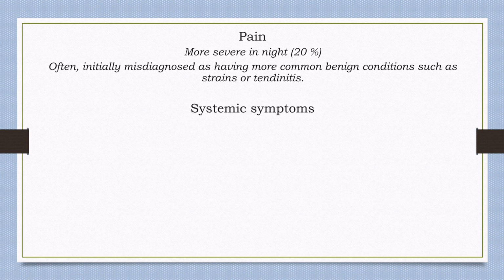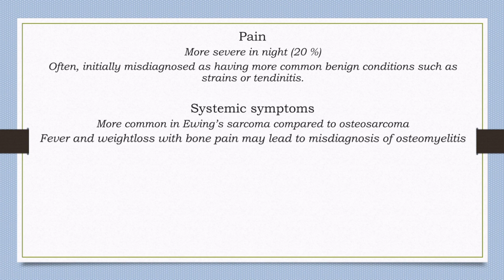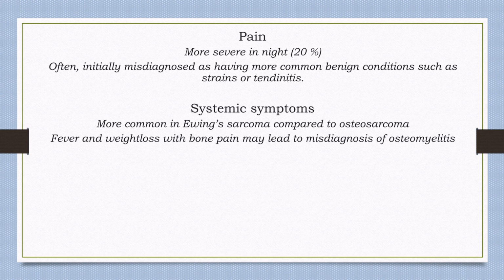Systemic symptoms tend to be more commonplace in Ewing sarcoma compared to osteosarcoma. It is not uncommon for patients to present with fevers or weight loss, which in the presence of bone pain may mislead the physician into misdiagnosing the cause as osteomyelitis. Laboratory findings can promote this, as many Ewing's patients will have mildly elevated inflammatory markers such as erythrocyte sedimentation rate, C-reactive protein, and other cytokines.